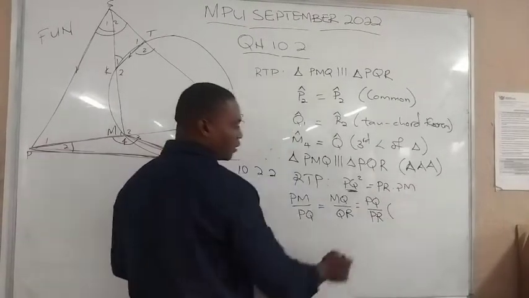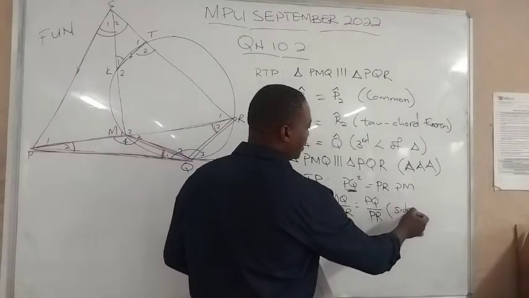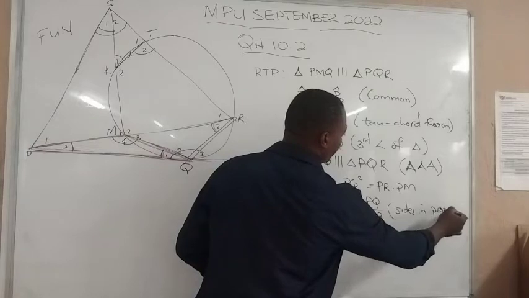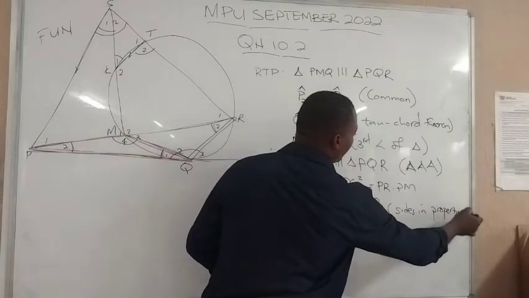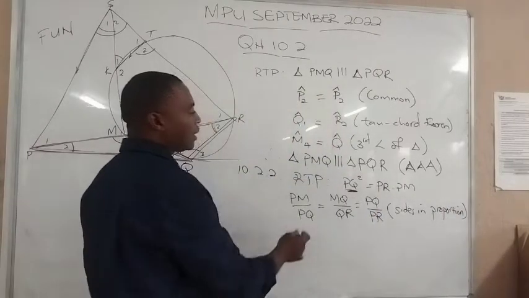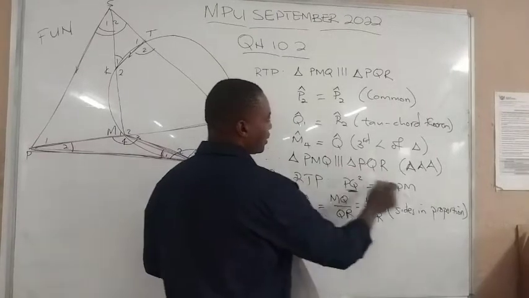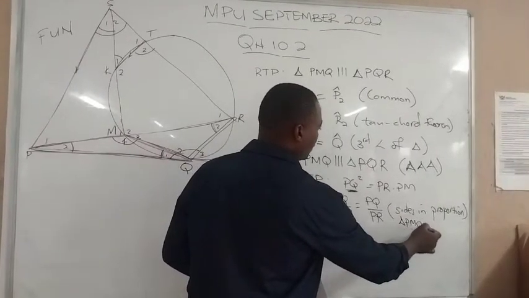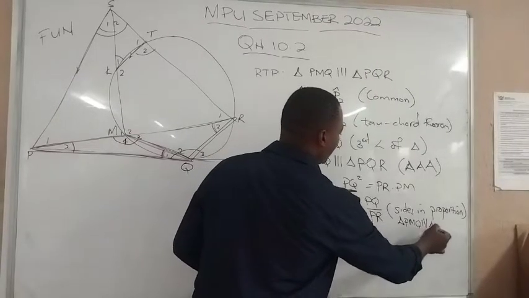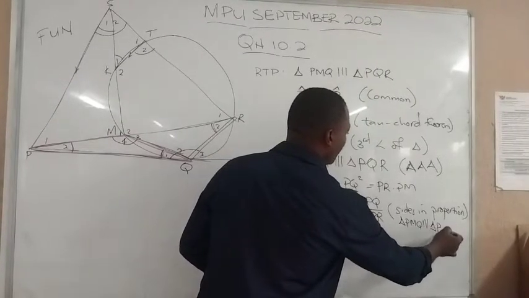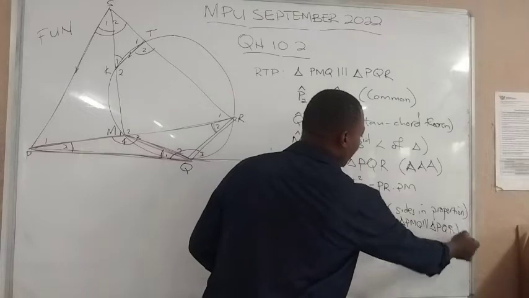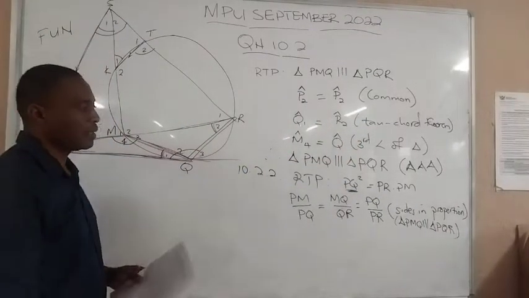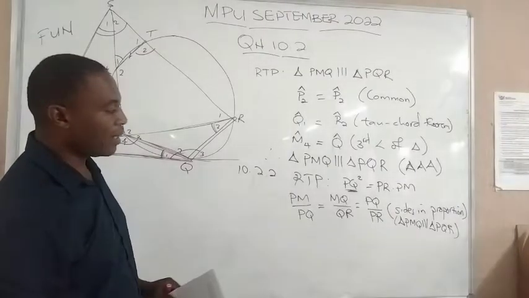And the reason for this is just sides in proportion. Or you can actually take this as your reason: triangle PMQ is similar to triangle PQR, if you are risk averse, that is, you don't want to risk any mark here.